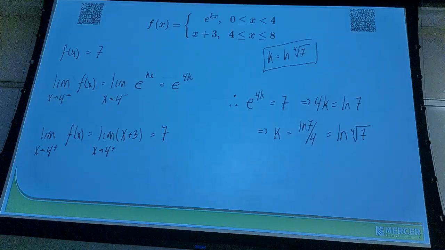You are going to need to know your laws of logarithms for this course, specifically when we get to logarithmic differentiation. So if you're rusty on those, you have a little bit of time to review. Questions on continuity?